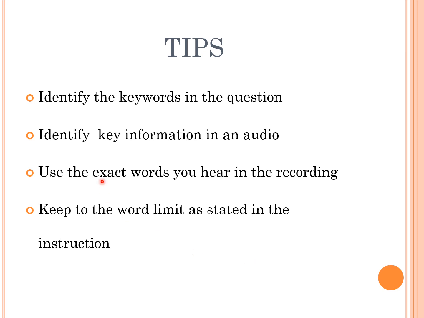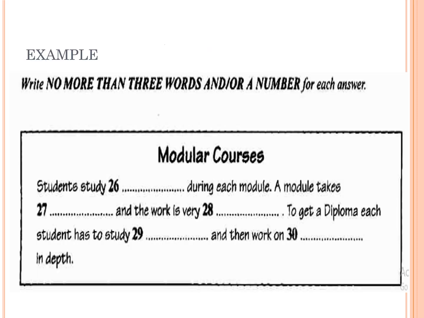The next thing is identify key information in an audio. Use the exact words you hear in the recording. Keep to the word limit as stated in the instruction. So these were a few tips for the sentence completion type of question.